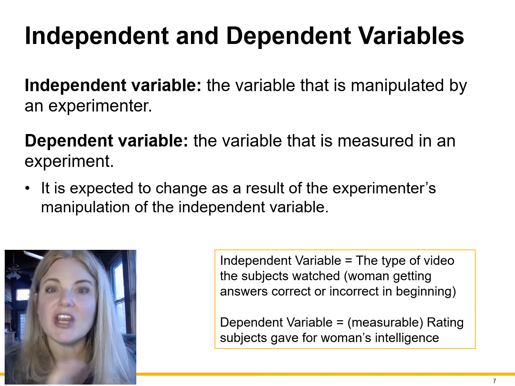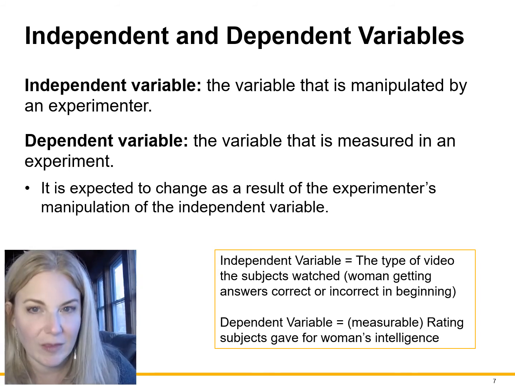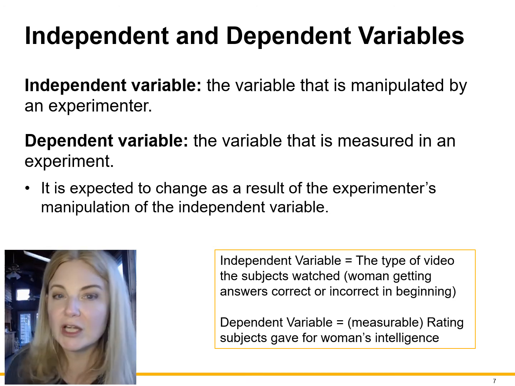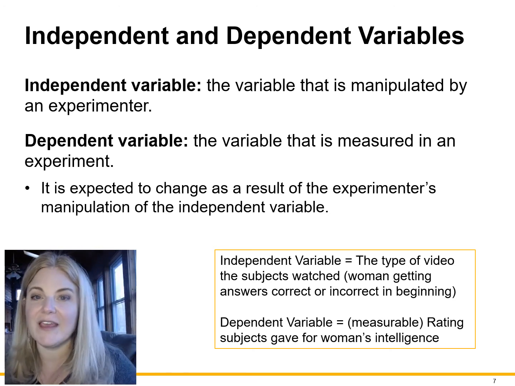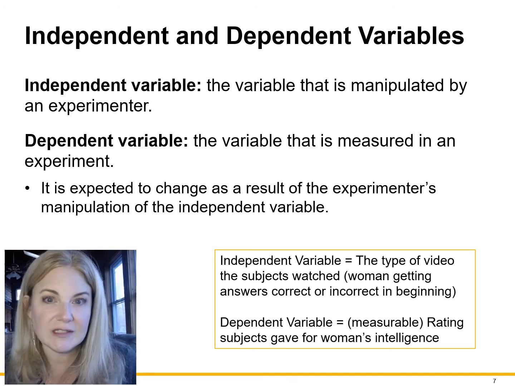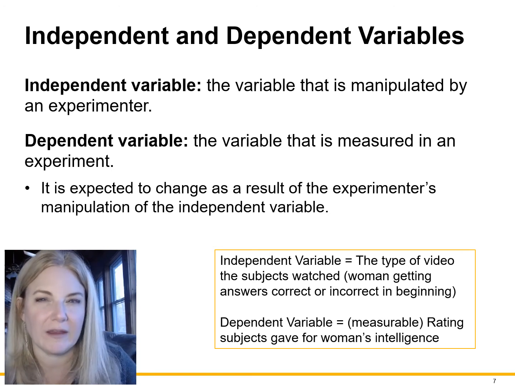In the beginning, she answered almost all of them correct, and then at the end, she started getting them wrong. In condition B, she answered most of them incorrect in the beginning, and then at the end, she started getting them correct. Both conditions, she had the exact same number correct over the whole thing.